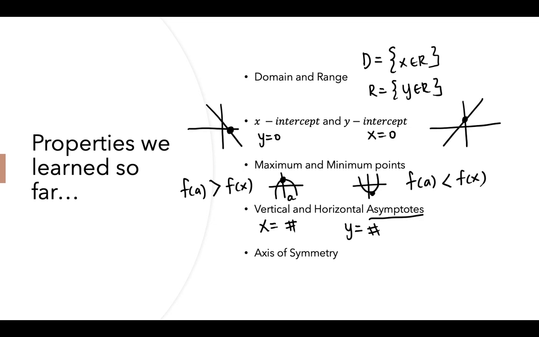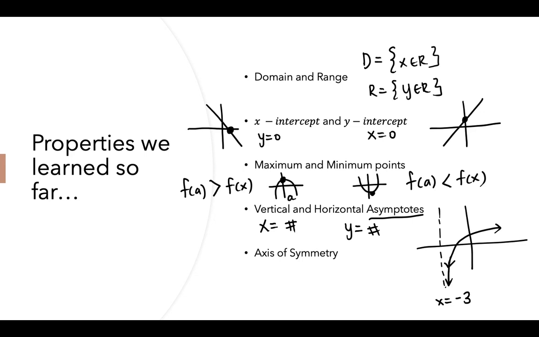So keep in mind, for example, we have a graph that looks like this, and we have a vertical asymptote at x is equal to, let's say, -3. It's going to keep going down, but it will never touch -3, only approach.